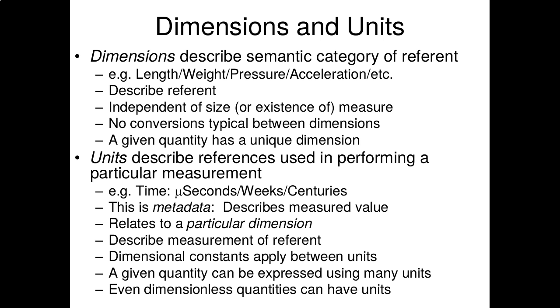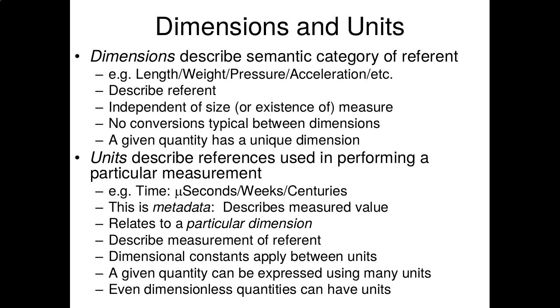Units describe the point of reference by which we measure this item, whereas the dimension is the more fundamental semantic category associated with it. So if we have a time, that's a dimension, and we may measure it in microseconds, in weeks, or centuries, right?